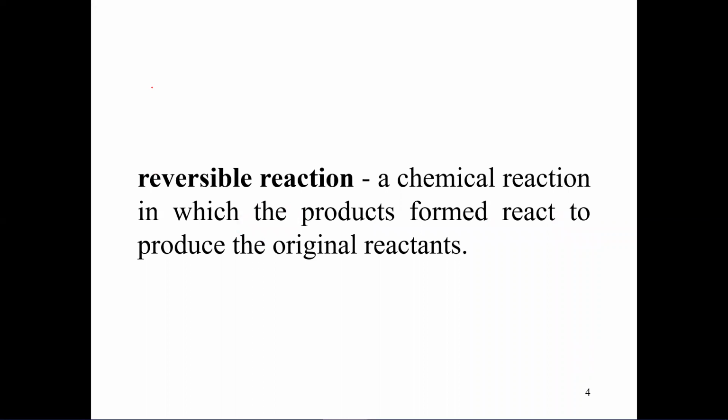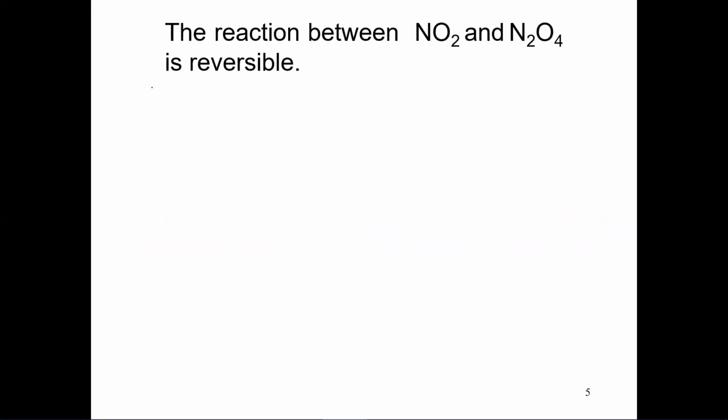A reversible reaction is a chemical reaction in which the products formed react to produce the original reactants. For example, the reaction between NO2 and N2O4 is reversible. When you cool nitrogen dioxide, it'll form dinitrogen tetroxide.